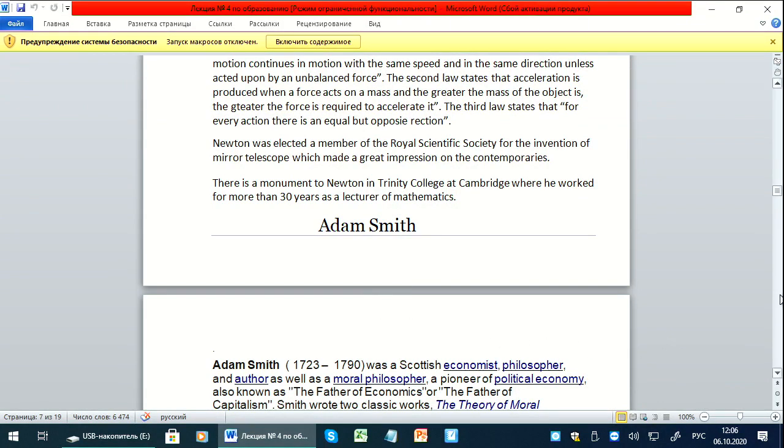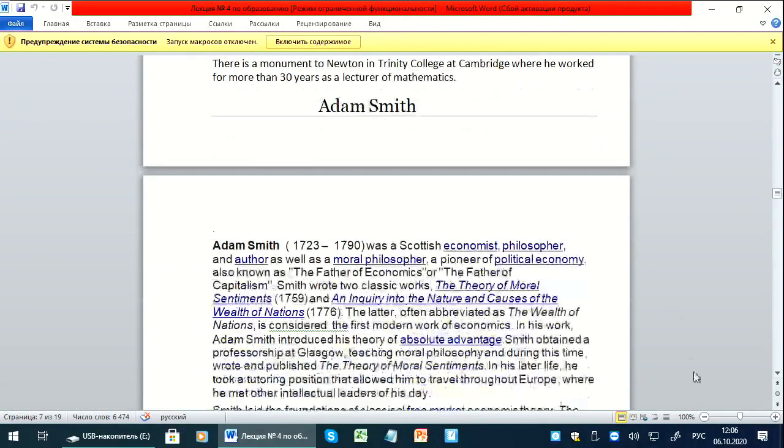Adam Smith was a Scottish economist, philosopher, an author, as well as a moral philosopher, and a pioneer of political economy, also known as the father of economics or the father of capitalism. He lived in the 18th century.